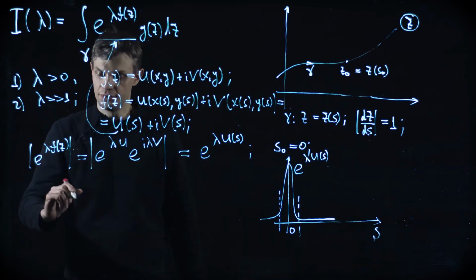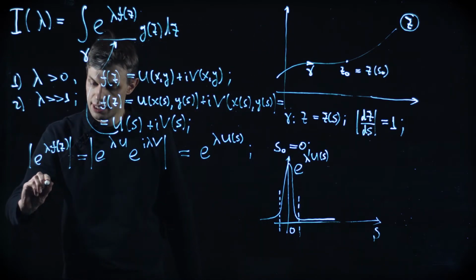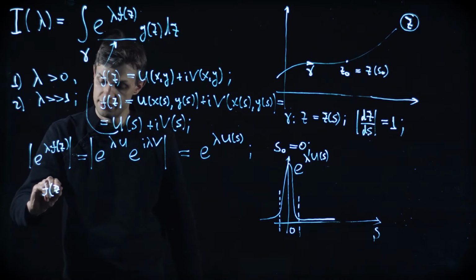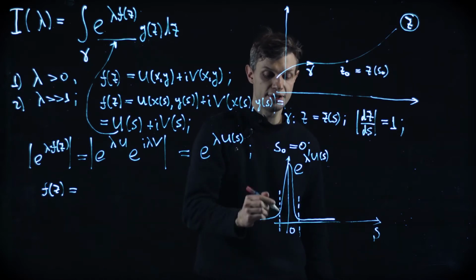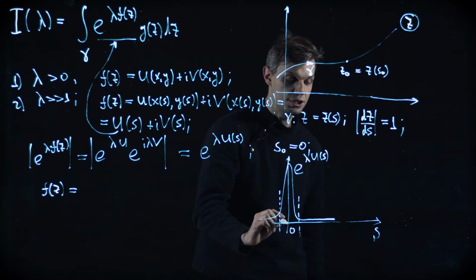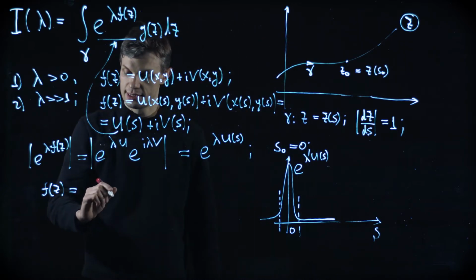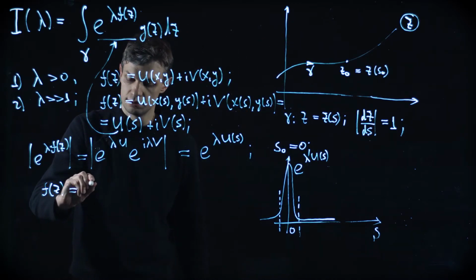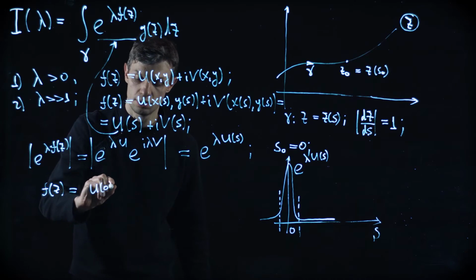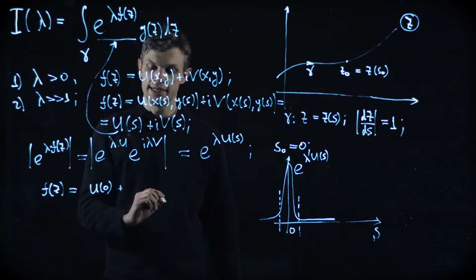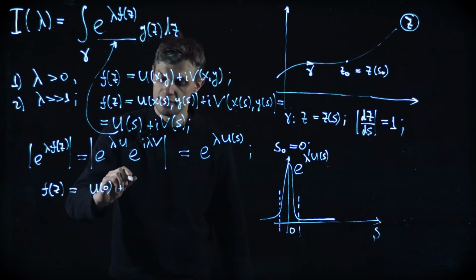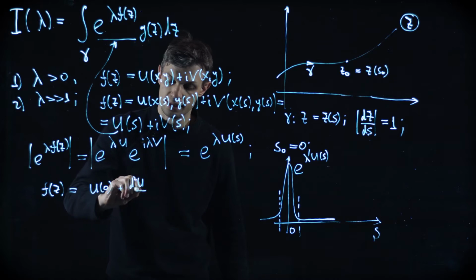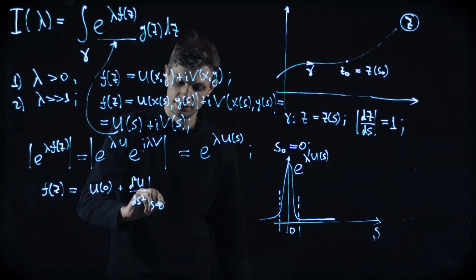Let's follow it. Now our function f of z can be represented by its Taylor series expansion near the origin as a function of s. So here we go. f of z is equal to u of 0 plus, the term with the first derivative is absent since it's the maximum, and there is a second derivative term taken at the origin.